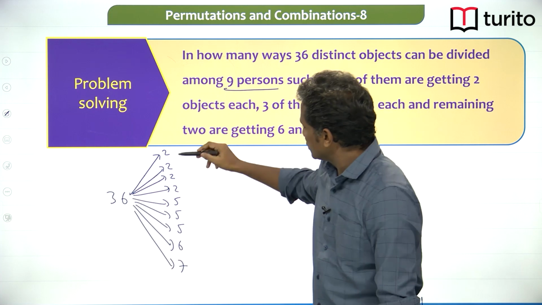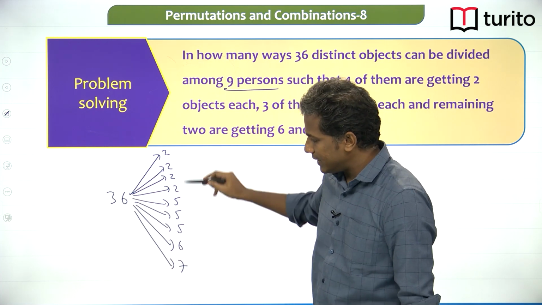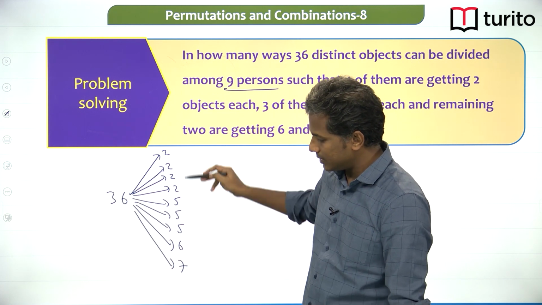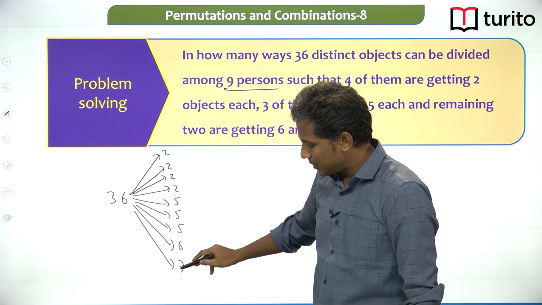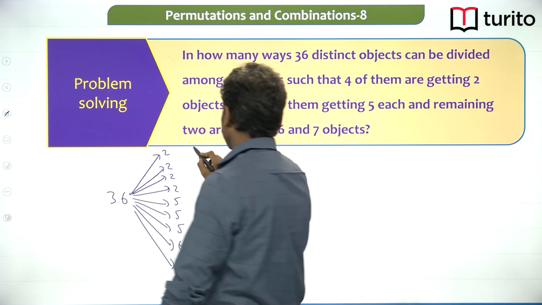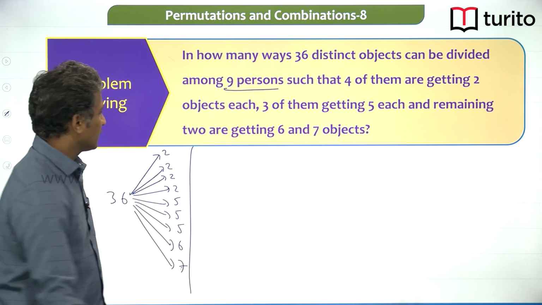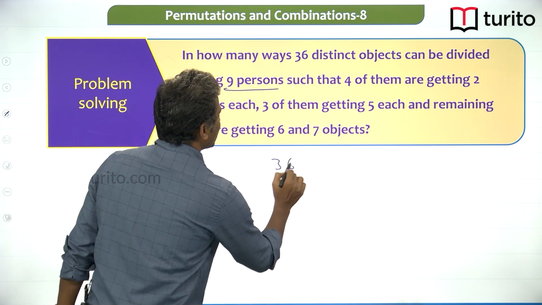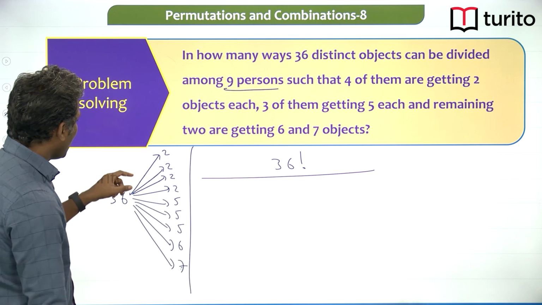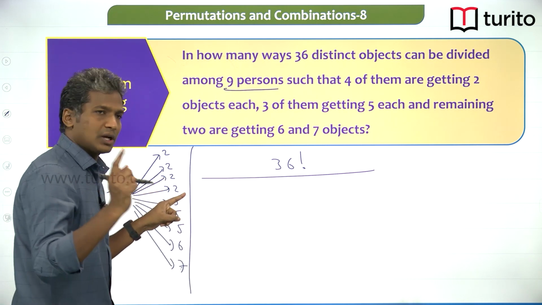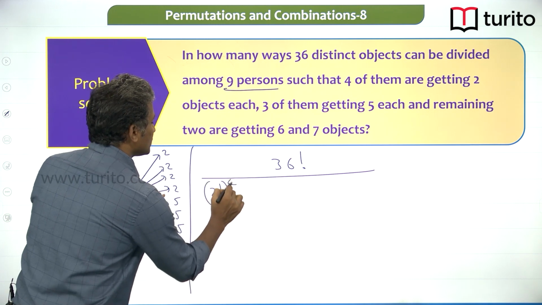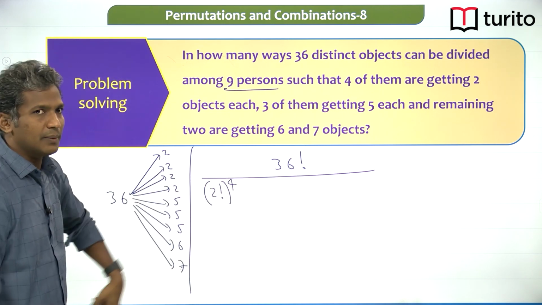Okay. So 4 2s are here, that means 8, 3 5s are here, that means 15 plus 8 is going to be 23, 23 plus 7 is 30 plus 6 is 36. So it perfectly matched. So we can directly apply the formula. Here 36 factorial, total factorial comes in the numerator, and in the denominator these groups should come. Groups of 2 are 4, so 2 factorial raised to 4 will come.